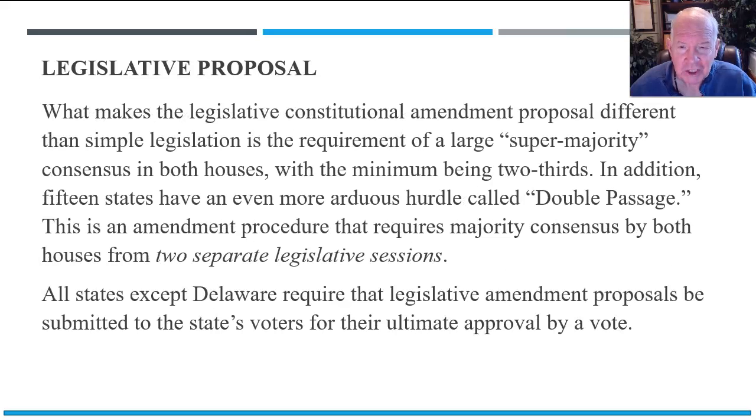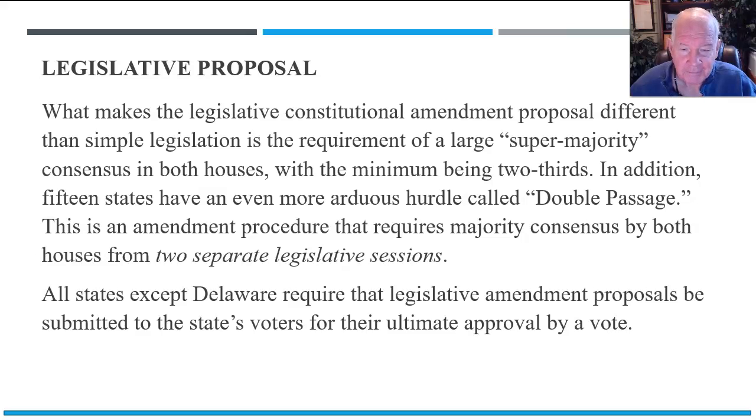What makes the legislative constitutional amendment proposal different than simple legislation is the requirement of a large supermajority consensus in both houses, with the minimum being 2/3. In addition, 15 states have an even more arduous hurdle called double passage. This is an amendment procedure that requires majority consensus in both houses from 2 separate legislative sessions.